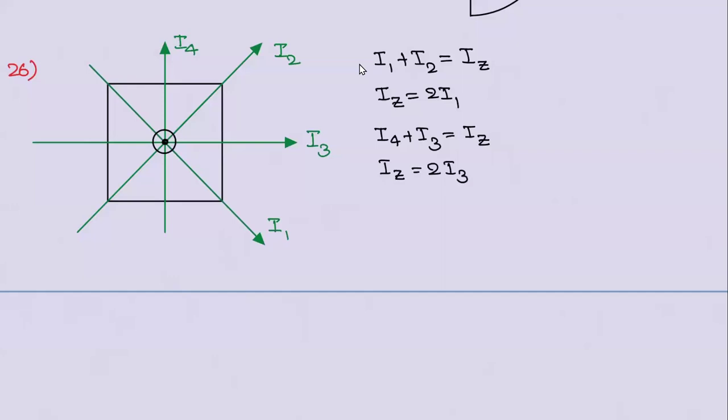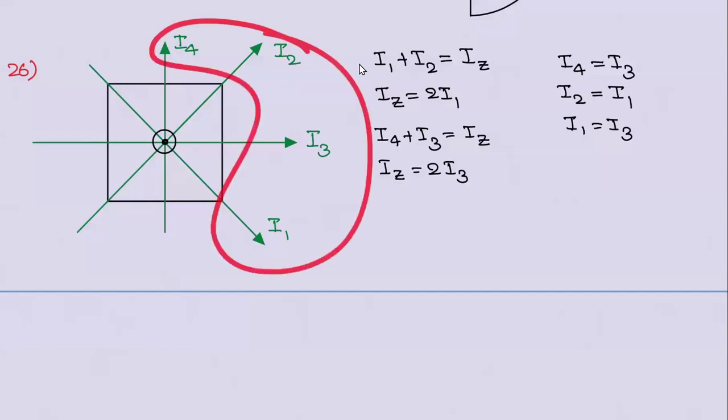Now we know I4 equals I3 because of symmetry, and I2 equals I1 because of the same symmetry, because these two are passing through diagonals. And just now, by using the theorem, we got I1 equal to what? Tell me. I3. It means the moment of inertia about any axis is the same.